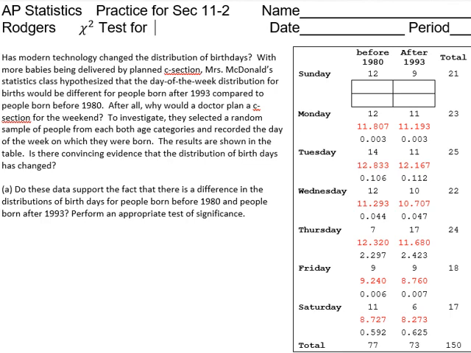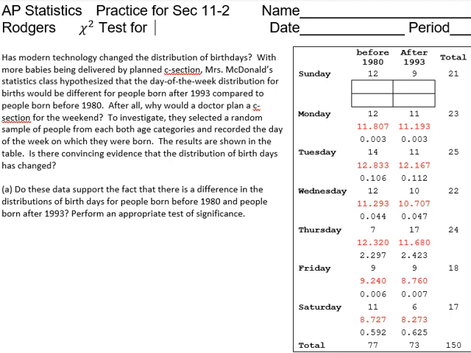The idea is that there are more planned C-sections in hospitals now, so would the fact that you could decide what day to have the baby born affect the distribution of the day of the week on which babies are born, compared to before 1980 when maybe there were fewer planned C-sections? For example, why would they plan a C-section on the weekends when the hospital staff is smaller and there are not as many doctors working?